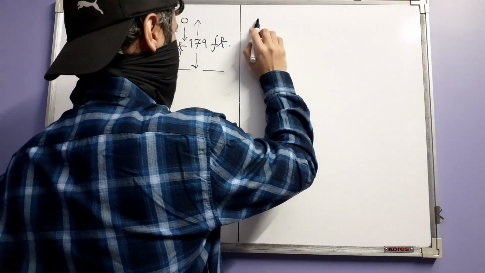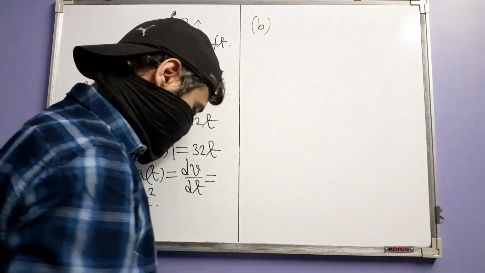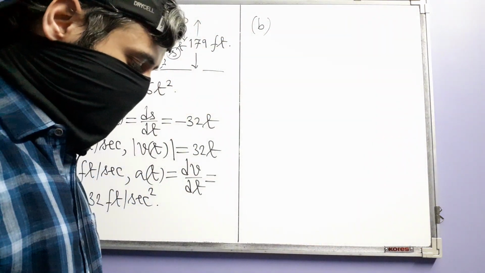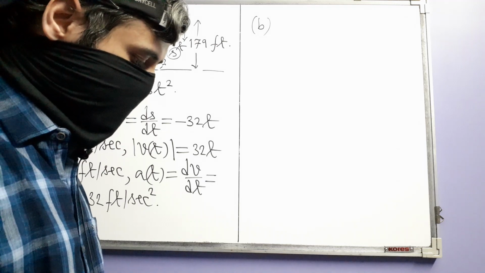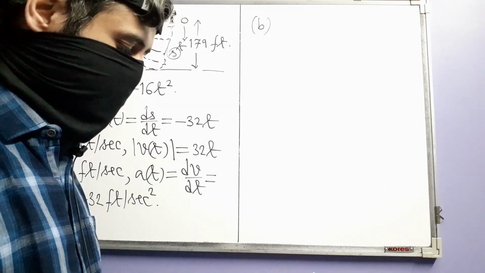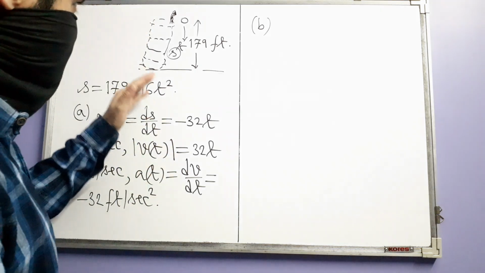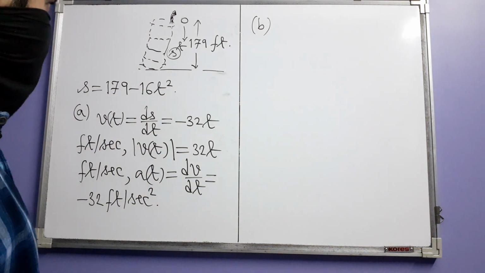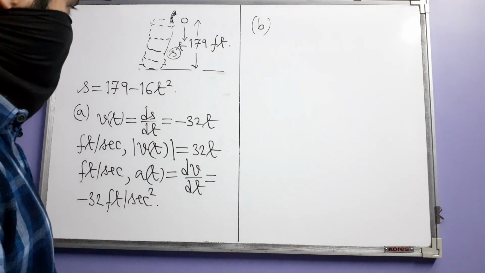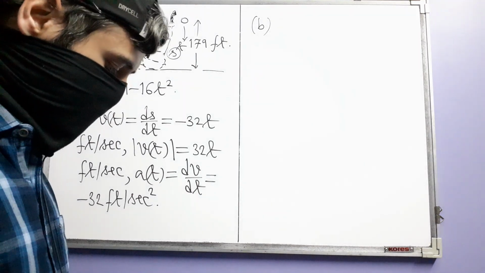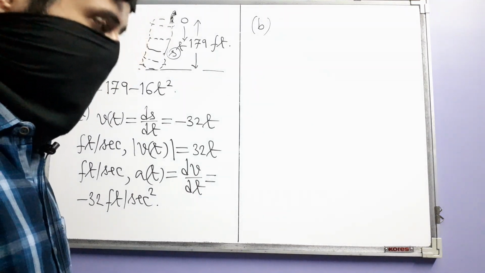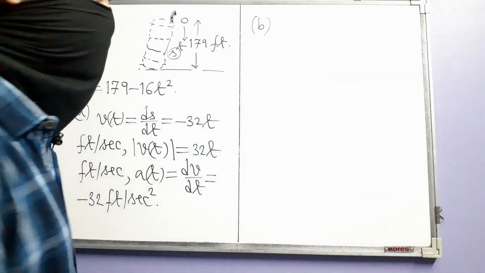Next, what is B? About how long would it have taken for the ball to hit the ground? Okay, how long does the ball take to hit the ground? So for that, you can just simply calculate s equal to 0.